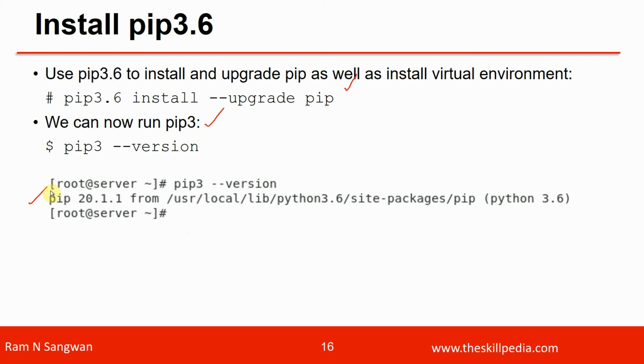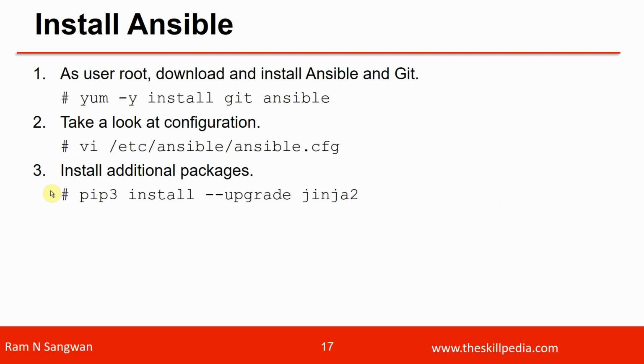In fact, that's worth watching: what we will have in Rocky Linux 9, which version of Python, Python 3.6 or 2, and which pip3 will be installed. That we will watch because I'm going to demonstrate the installation right after this.